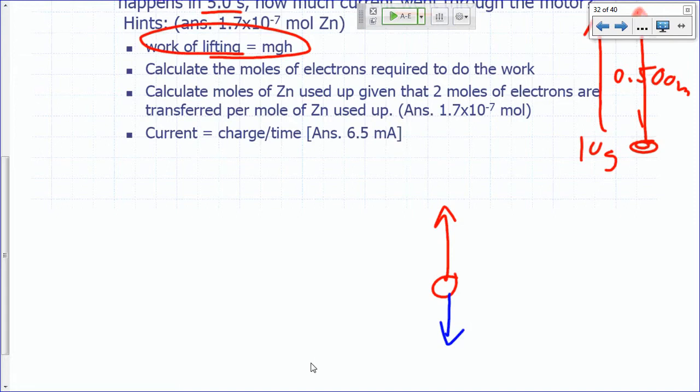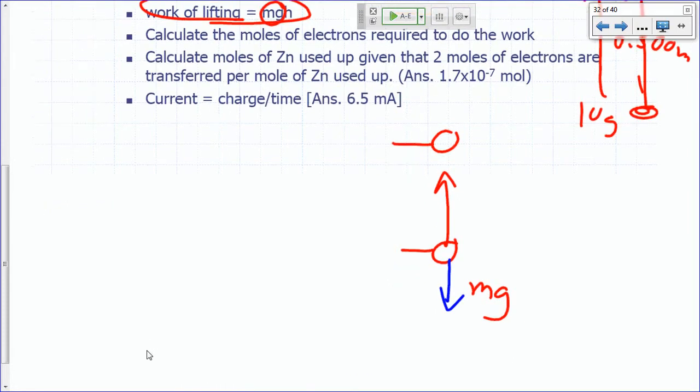On average, to go from one height to another, the average force you're going to be exerting would be equal to the weight of the object. The force of gravity is mg, the mass times acceleration due to gravity. That's the weight of your object. So mg times the height. So what's our work due to lifting then?